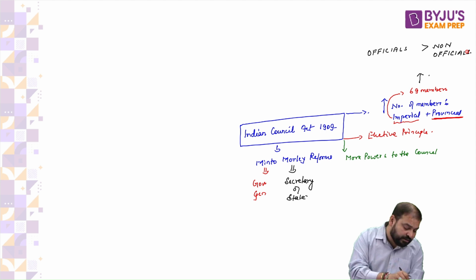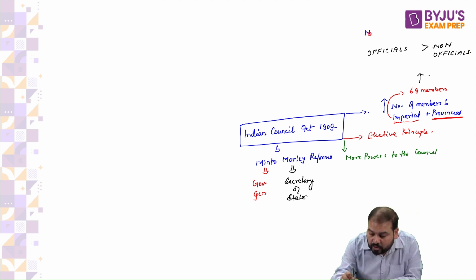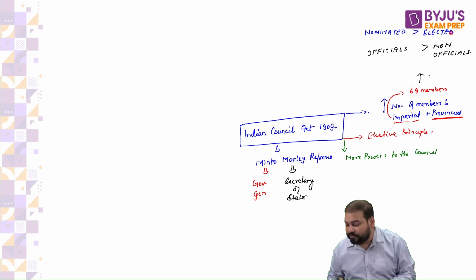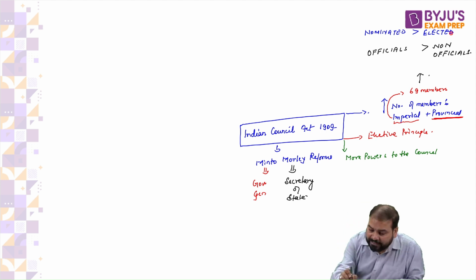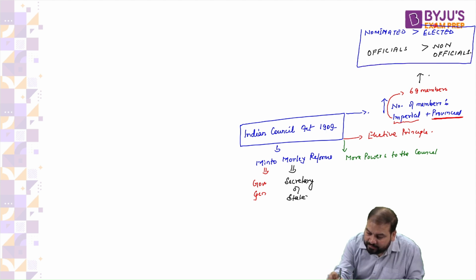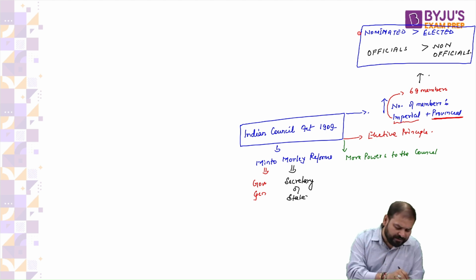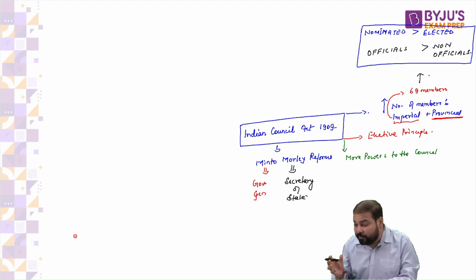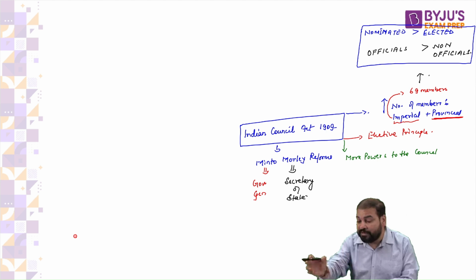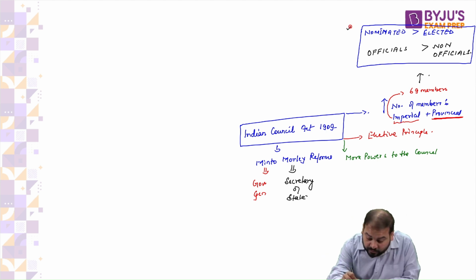And the other thing you should remember is, nominated members, they were more than elected members. Everyone, please remember this. This is very important. No, I will tell you the numbers. But then nobody will ask you how many were nominated, how many were elected. But they can always ask you this.